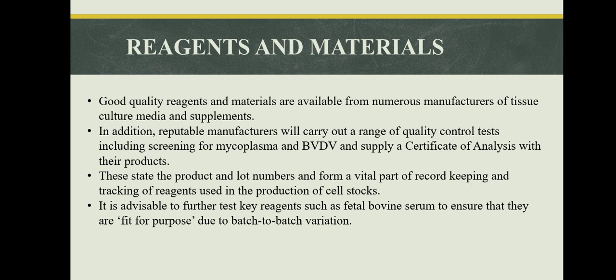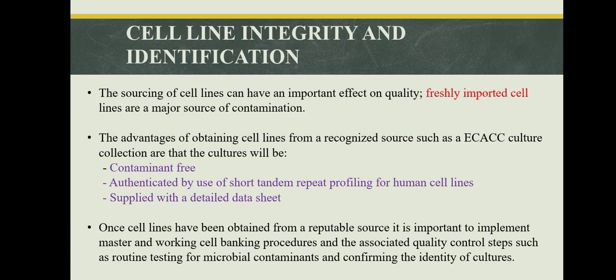These state the product and lot numbers and form a vital part of record keeping and tracking of reagents used in the production of cell stocks. It is advisable to further test key reagents such as fetal bovine serum to ensure that they are fit for purpose due to batch variation.